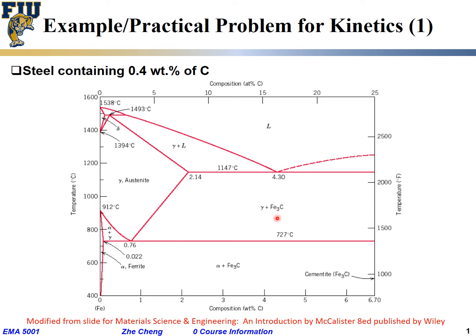The other phase is this one, Fe3C, which is so-called cementite. Now what does it mean? It means if my system composition is, let's say, roughly 4% at 1000 degrees C, the material looks uniform or non-uniform? Non-uniform.